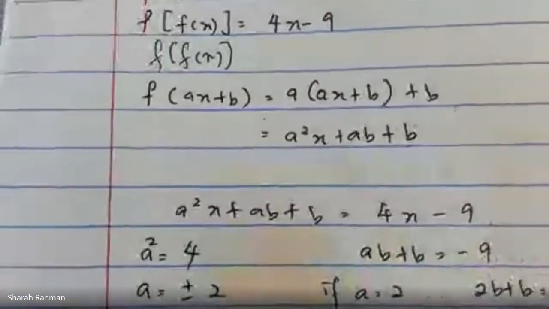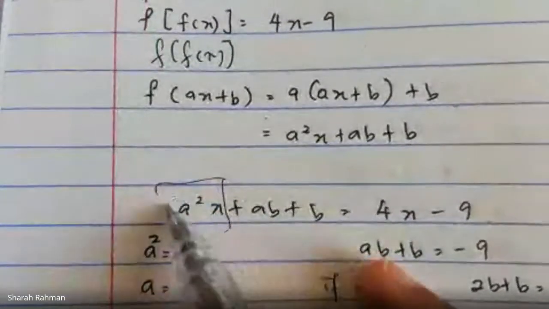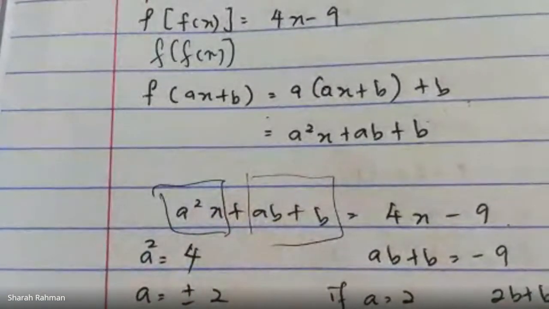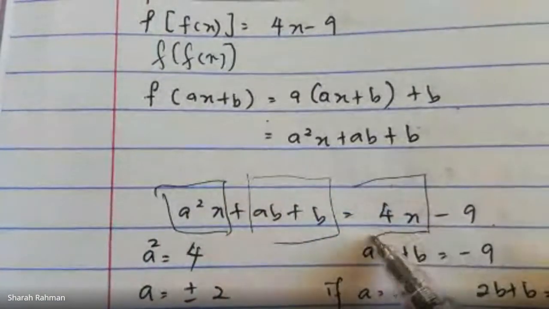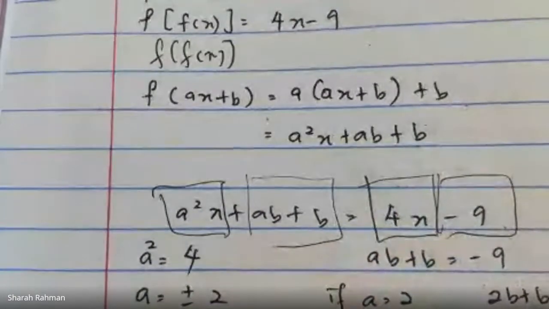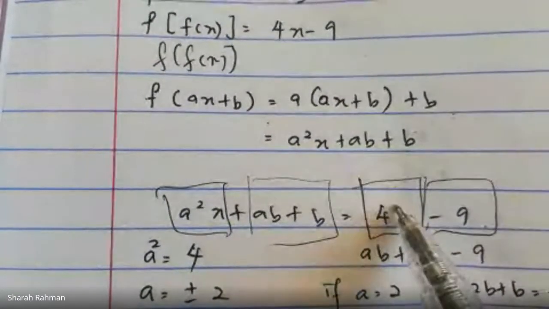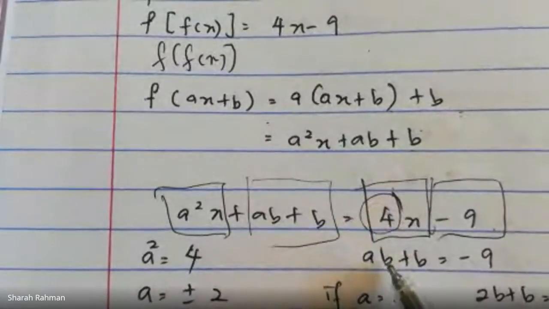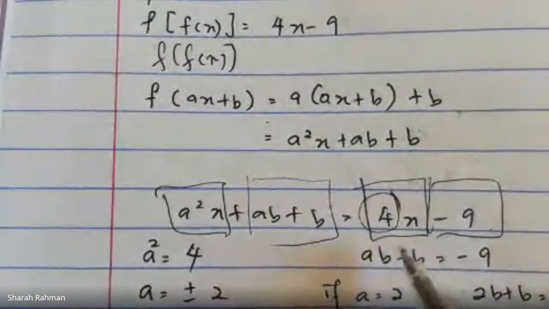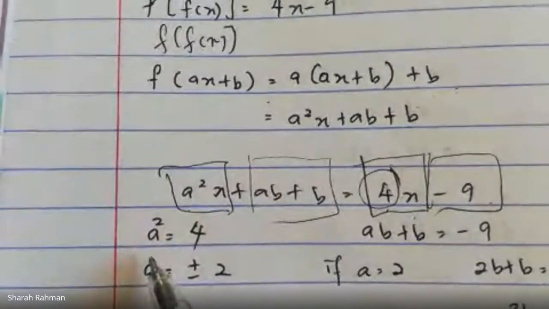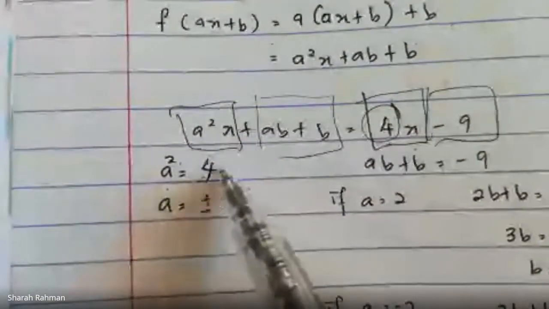So as we look at this one, here we have the x. Here we don't have any x. This is only number. So means here, the coefficient of x here is equals to a squared. Okay, so means here a squared equals to 4.